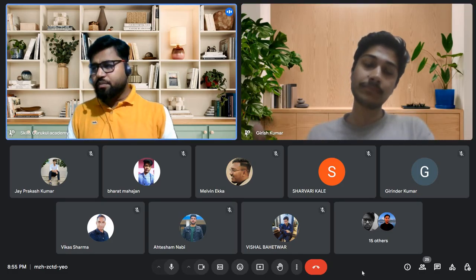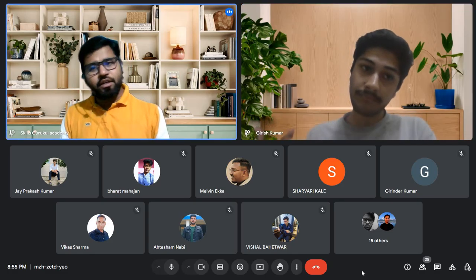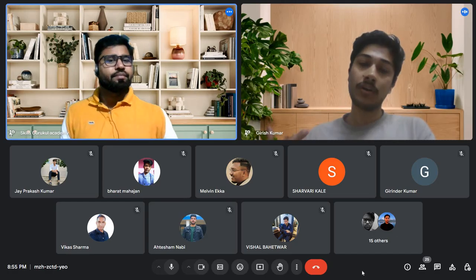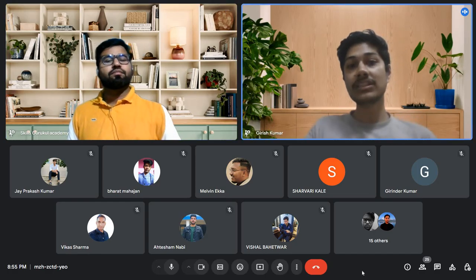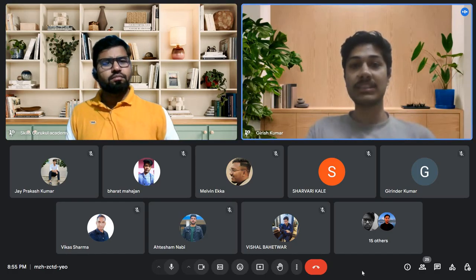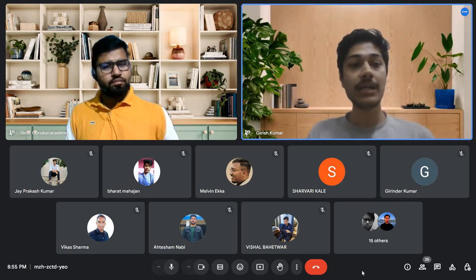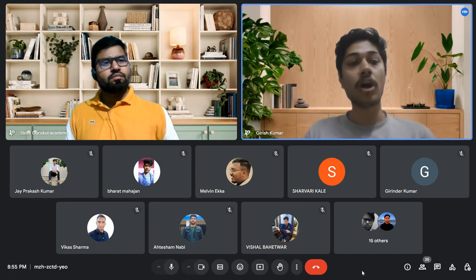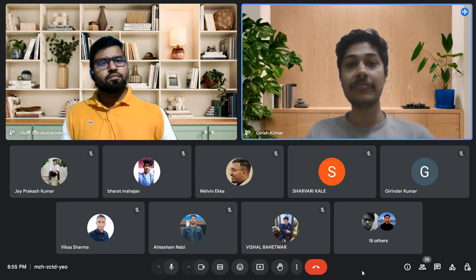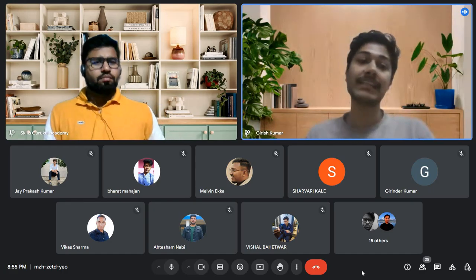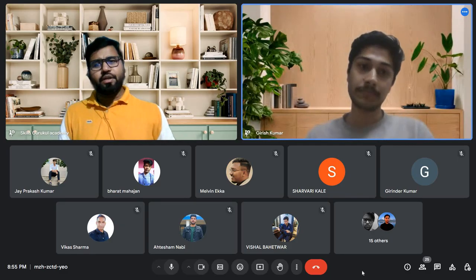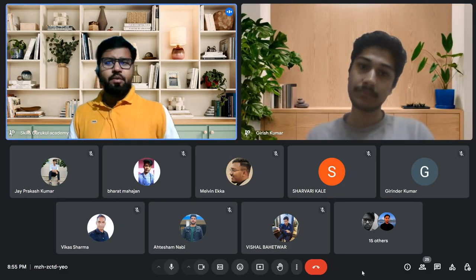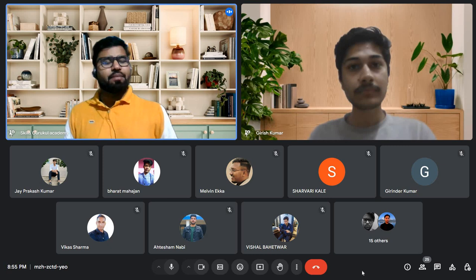Okay. Difference between PEB structures and RCC structures. PEB structures are pre-engineered buildings in which the foundation is simpler and the cost is reduced. It is lighter in weight and the erection is also faster than RCC structures. Very good. And what is the difference between pre-tension slab and post-tension slab?